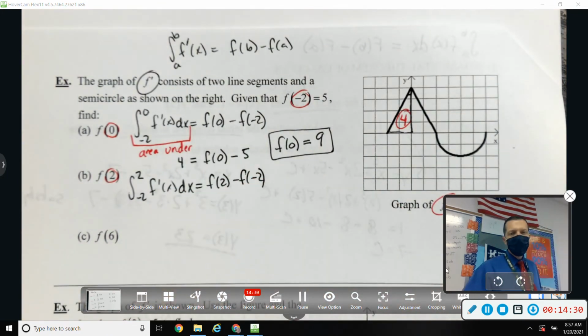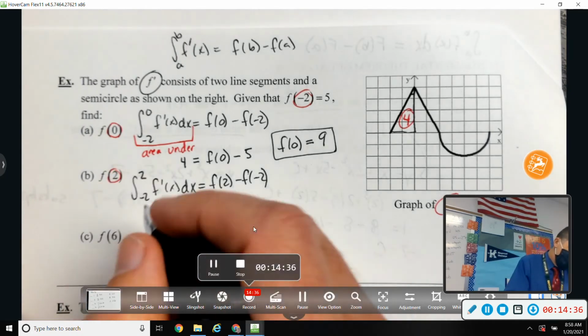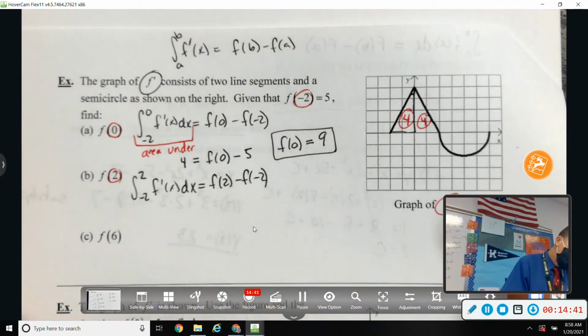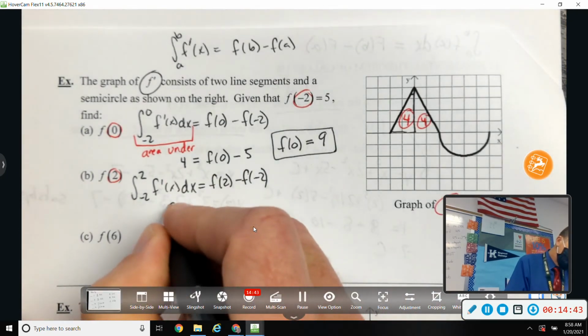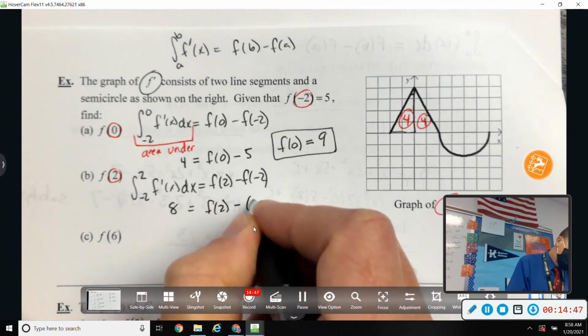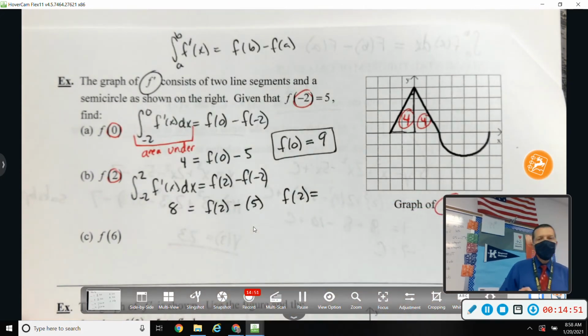So similar to the last one, why don't you see if you can take it from there? F of 2 is 13. Did you get that?